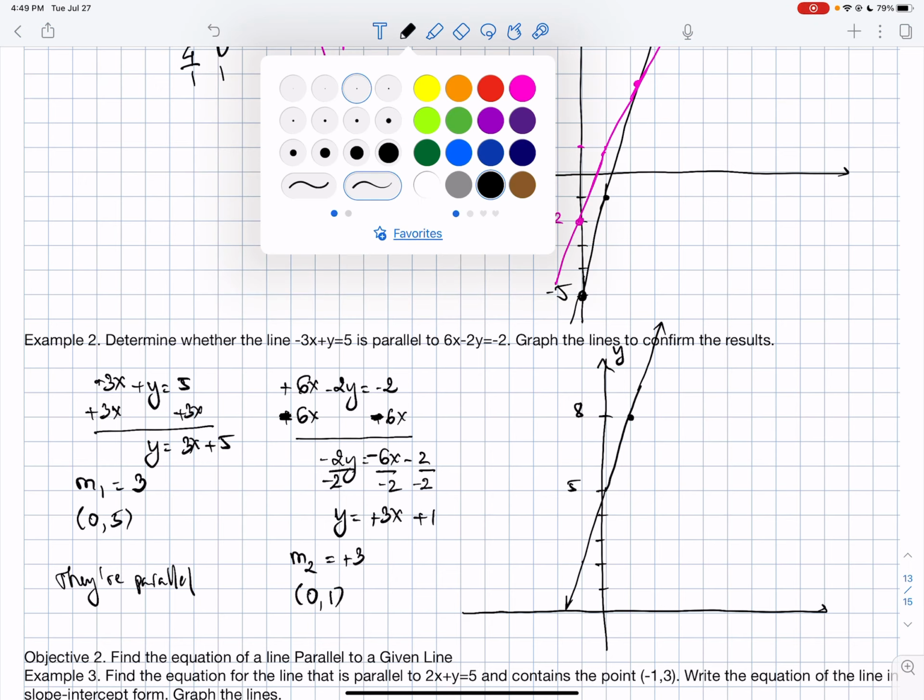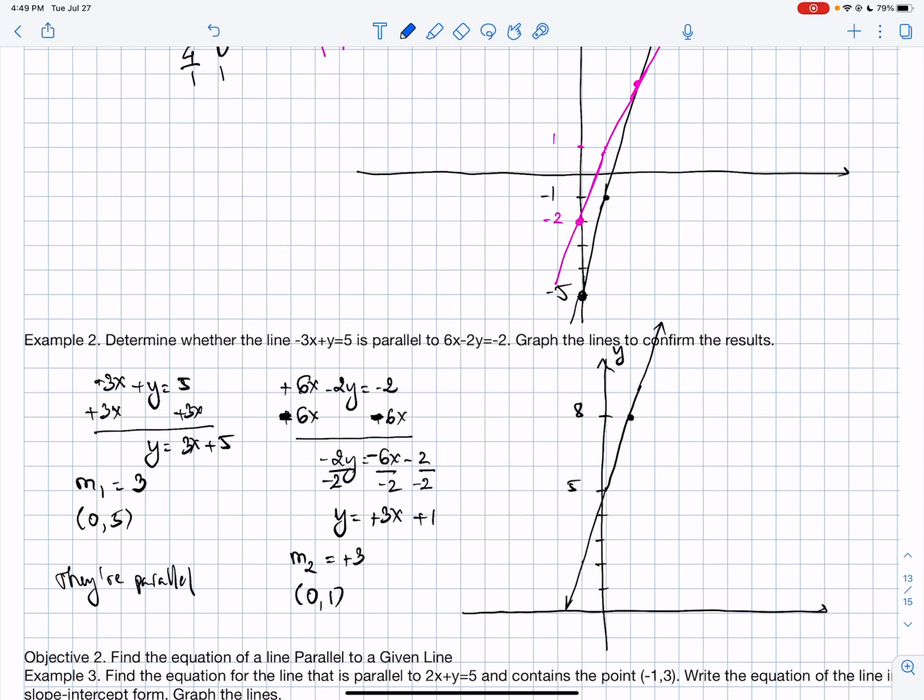Then we graph the second line, beginning from 1 on y, and then we go 3 up, 1 right. So we can see that the two lines are parallel.